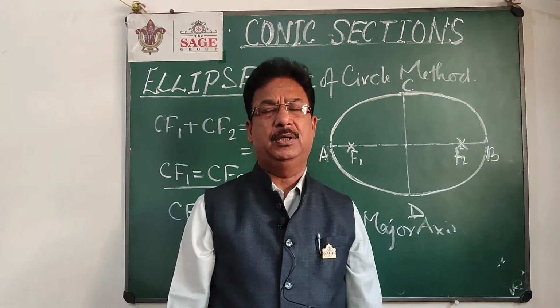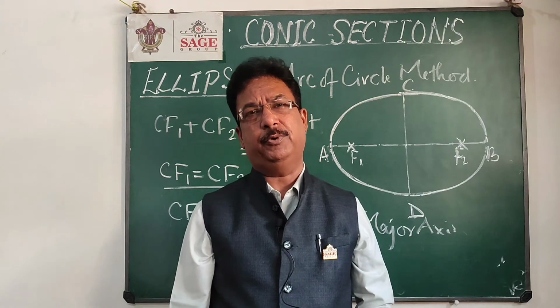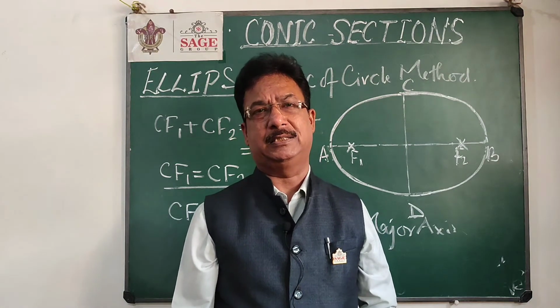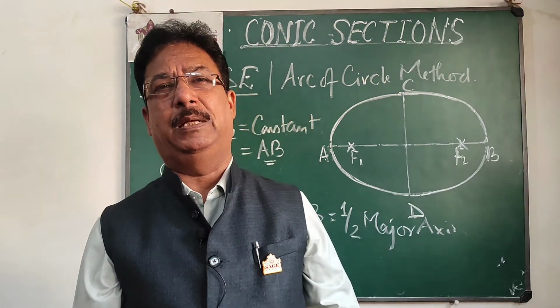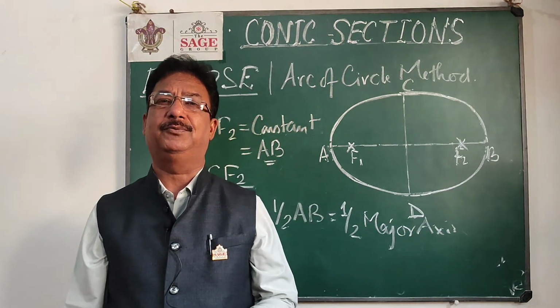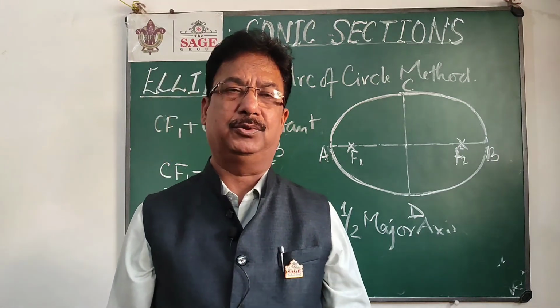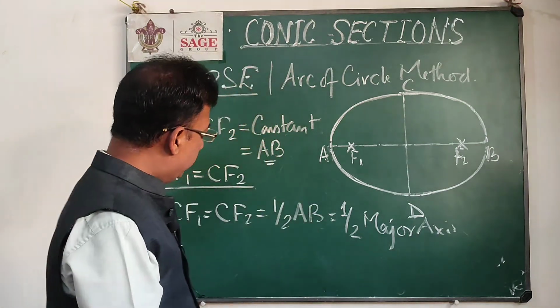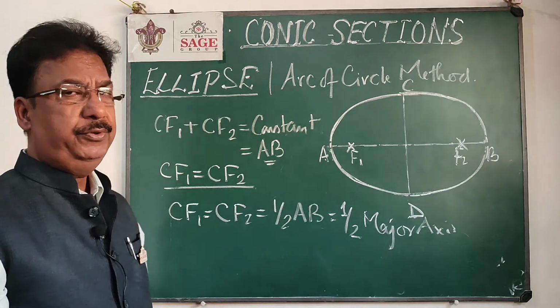For every point of the ellipse, I can justify that the sum of the distances of that point from F1 and F2 remains equal to AB. I hope you understand the concept. Thank you very much.